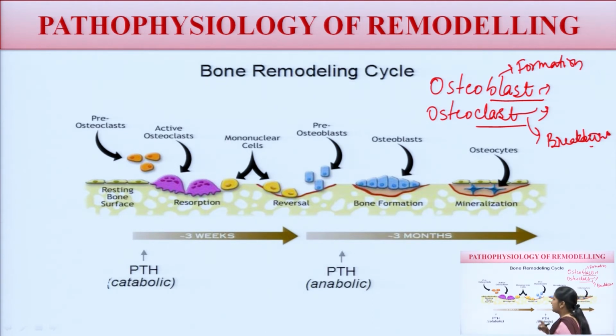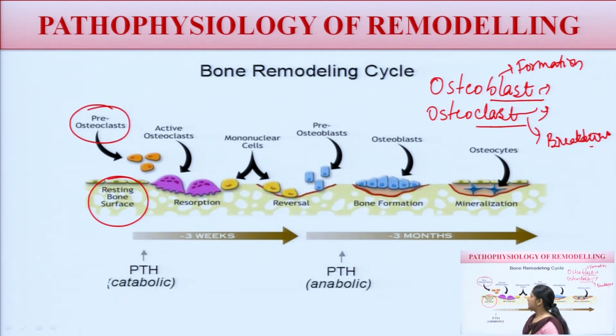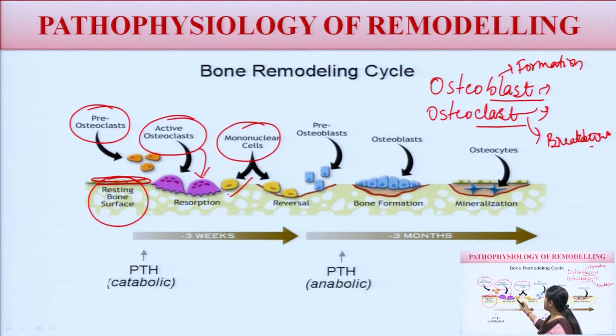In the condition where the bone breaks down, there is a process of pre-osteoclast, the resetting of the bones from the surface. Then active osteoclasts try to reabsorb, and these mononuclear cells divide, in a reversible process.